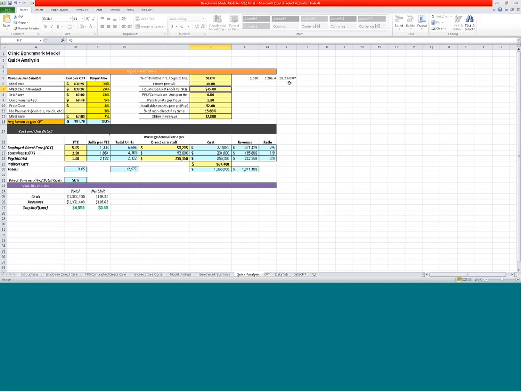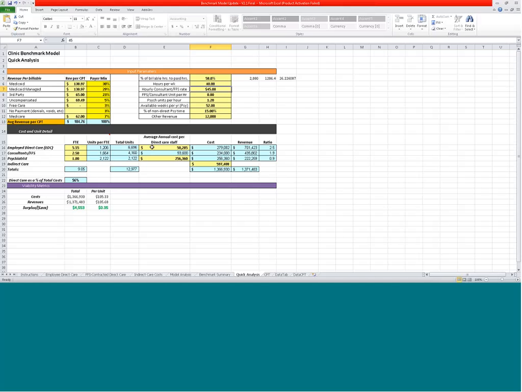Now, when we look over here, we can see that we have 5.55 FTEs each producing the 1,206 units per year, which gives us an annual total of 6,696 units. They cost each around $50,000, and this is a very approximate number.